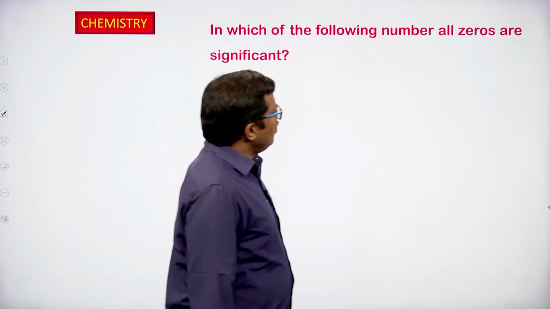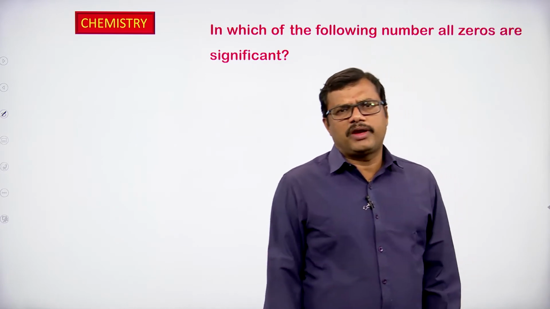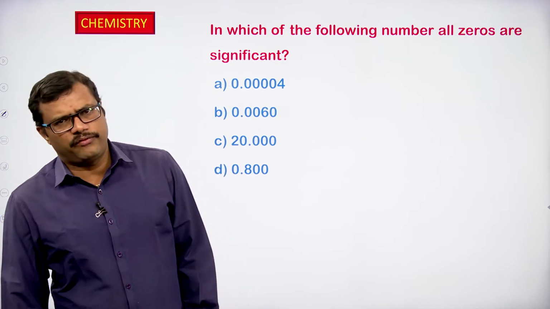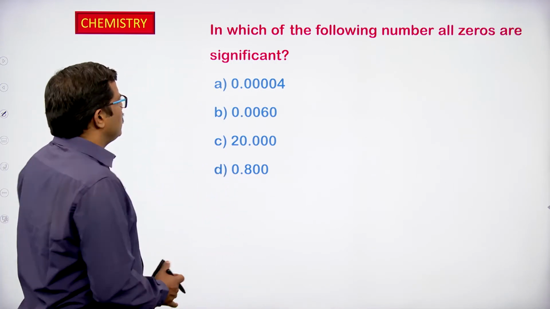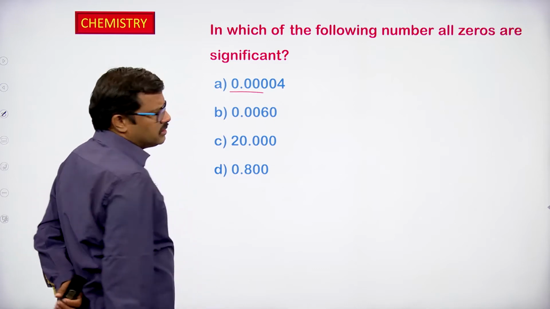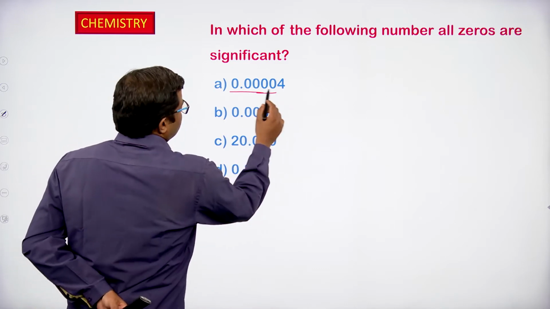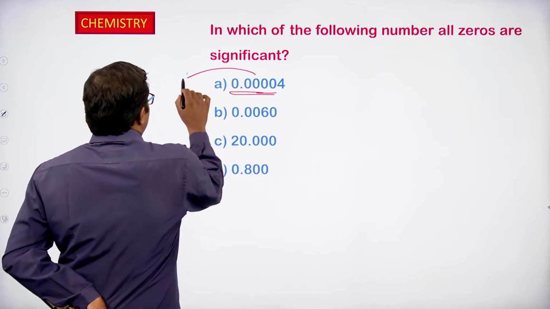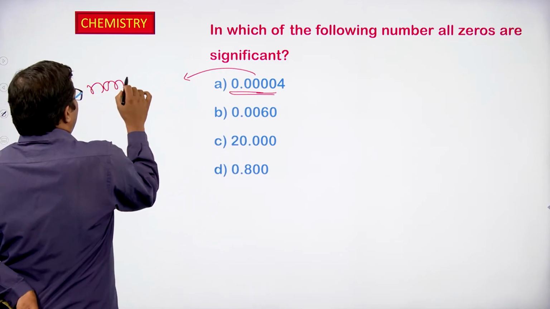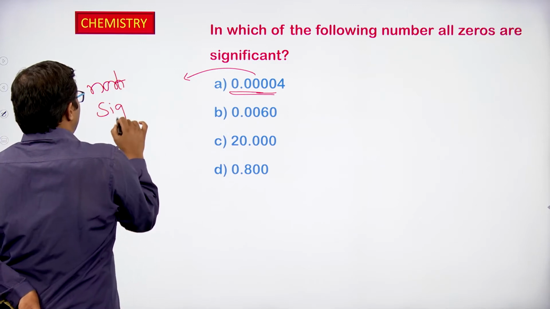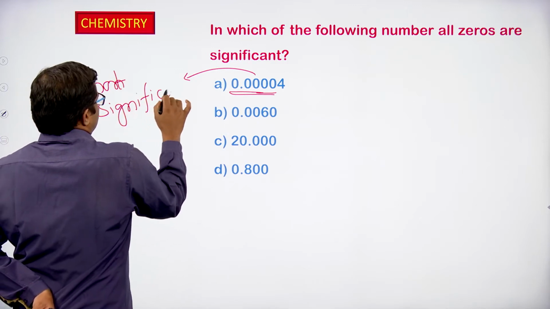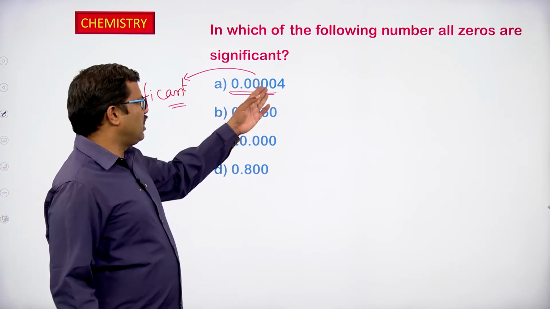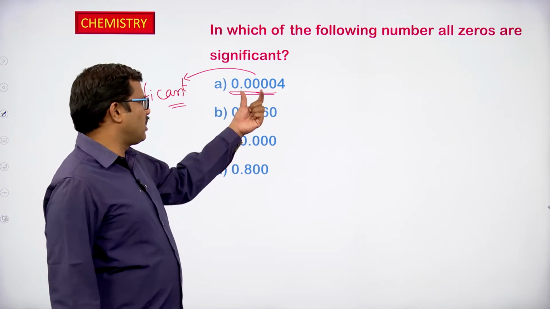In which of the following numbers are all zeros significant? We have to identify the number in which all the zeros are significant. Here, the zeros which are present before the first non-zero digit are not significant. So, these are not considered.